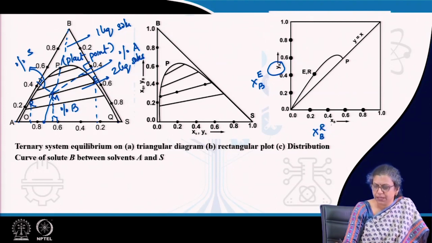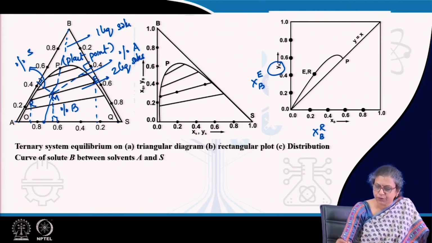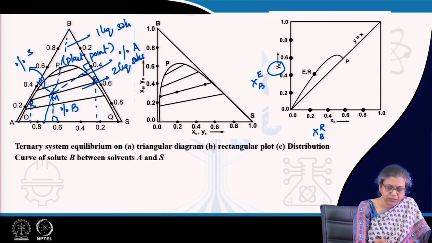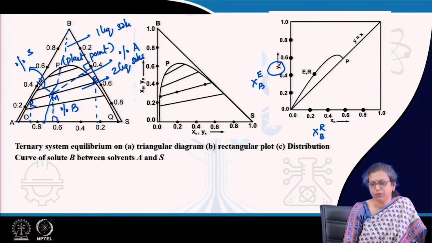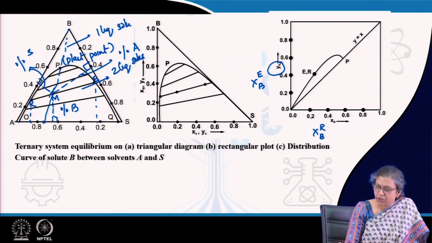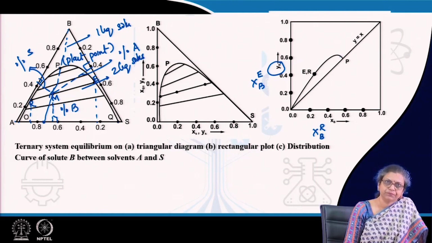By convention, the raffinate phase composition is denoted by X and the extract phase composition is denoted by Y. So in this sort of an XY plot, if we plot the end points of the tie lines, we can get an equilibrium curve. Here you have to remember that since B is preferentially extracted by S, the curve lies above the y equals x line.